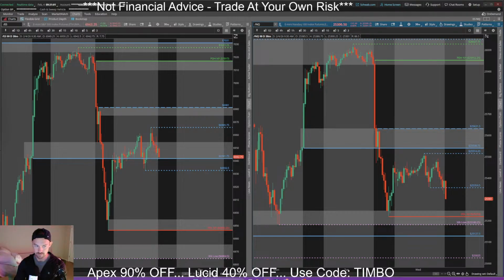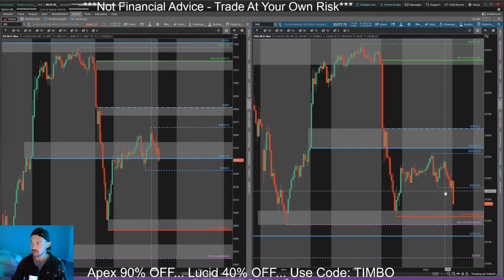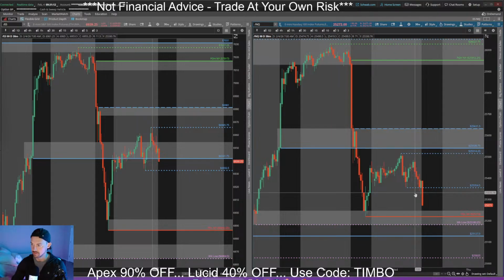I wonder if anyone else is having issues here, or is it just me? Either way, it looks like NQ's dropping here off the open.